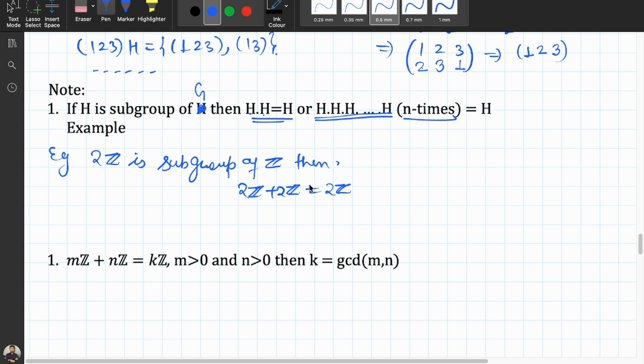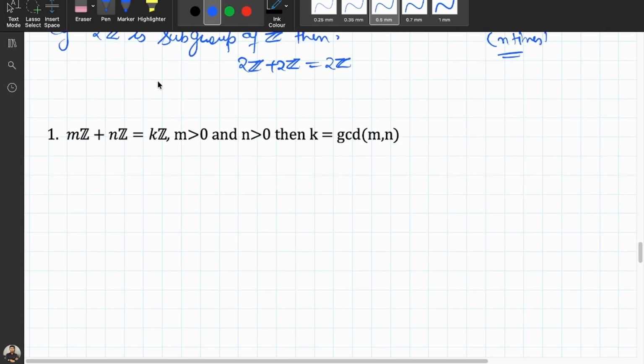We are adding n times, and of course it is the same thing. And one thing, Z into G into G is also 0 if you are writing n times.